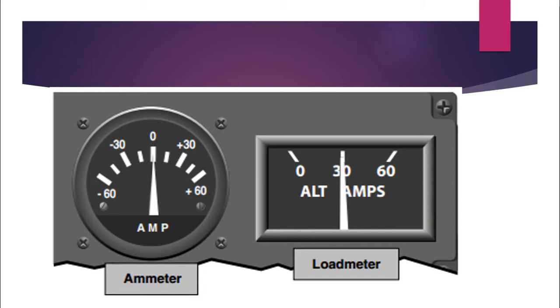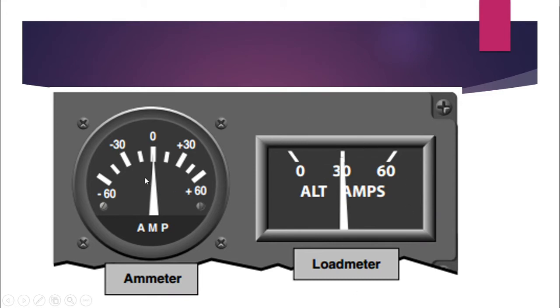The other part of this diagram is the load meter, which tells how much load is on the electrical system in the plane. So again, the more electrical systems are on, the bigger the load is going to be on the electrical system.